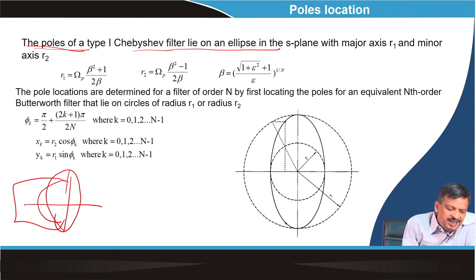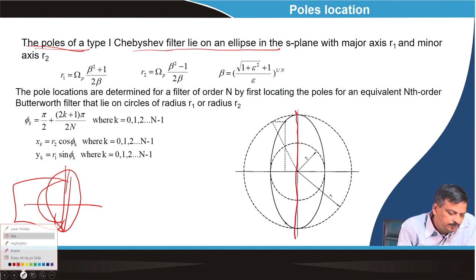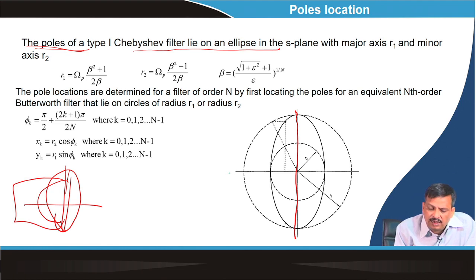Okay. So, if it is an ellipse, it has two axes, one called the major axis and one called the minor axis. Let this one be the major axis, and this one the minor axis. So, this is R2, from the center to here is R2, and this to this is R1.